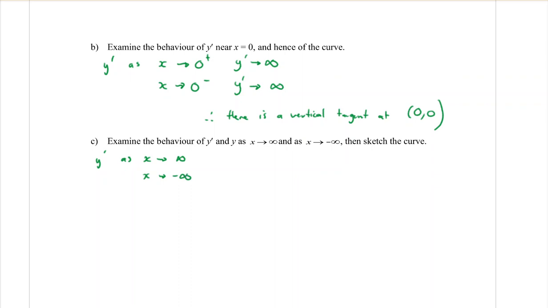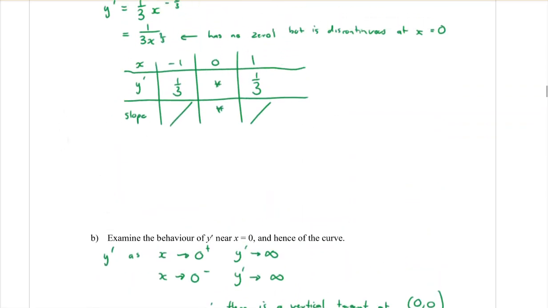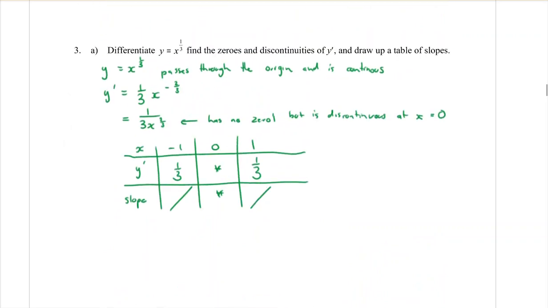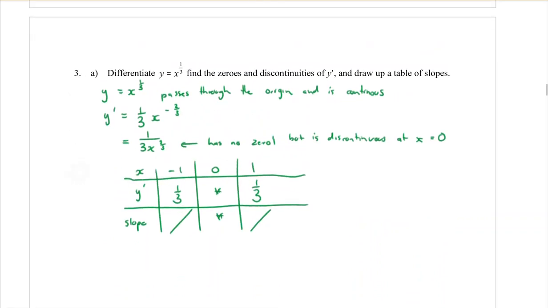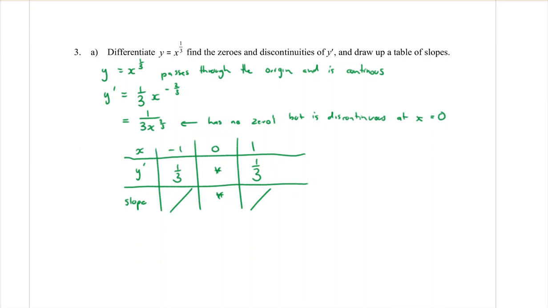Where's my y dash equation? Okay, so my equation was 1 over 3 x to the power of 2/3. Technically what I should be doing here is going through and dividing through by my highest power on the denominator. So on the top would be 0 and on the bottom would end up being a 1. So it's going to be approaching 0.